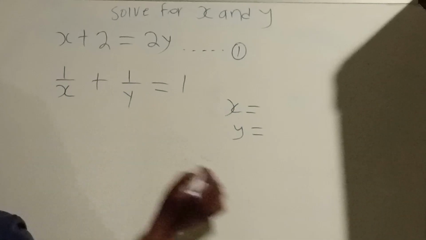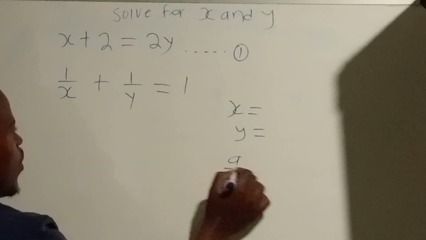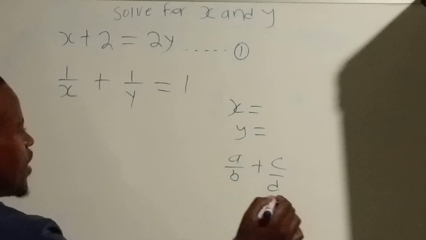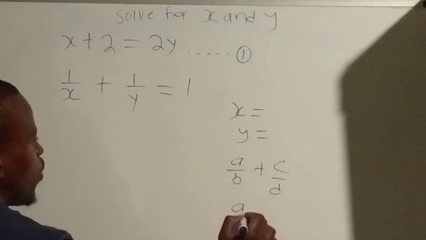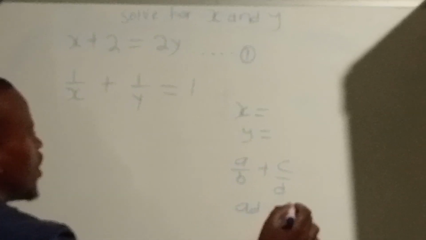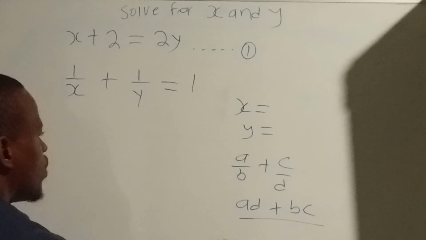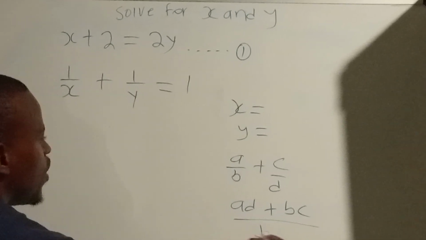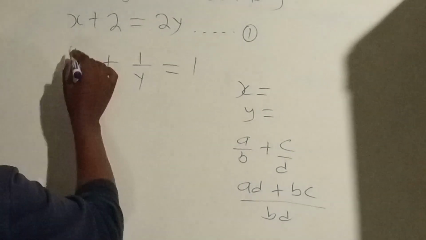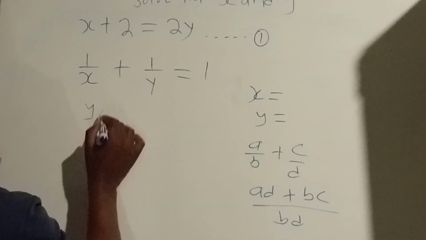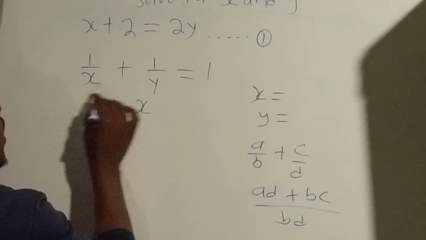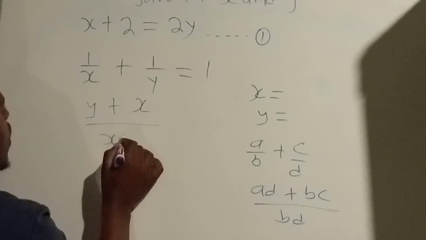We're going to learn this principle that states that if you have a/b + c/d, you cross multiply: a times d gives ad, plus b times c gives bc. Then you go down, b times d gives bd. So for these fractions, 1 times y gives y, plus 1 times x gives x, over x times y, which gives xy.